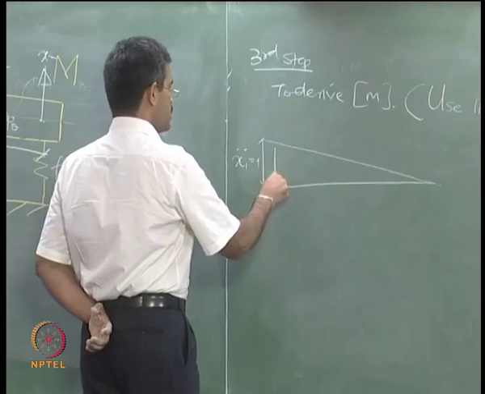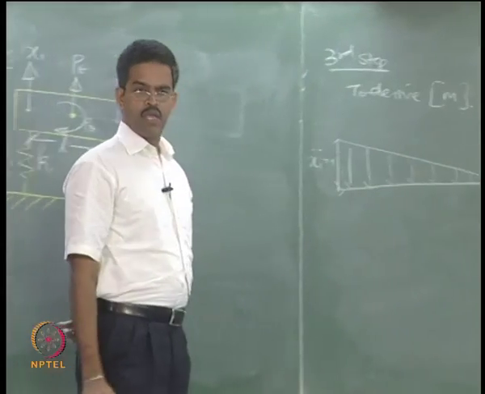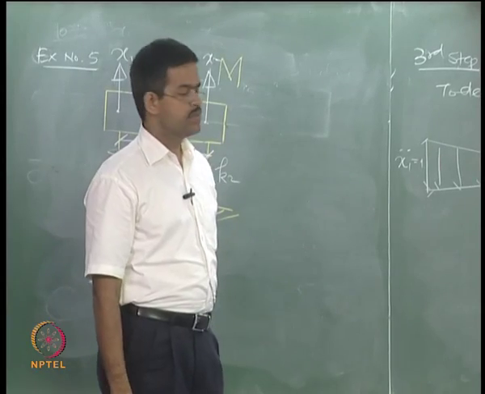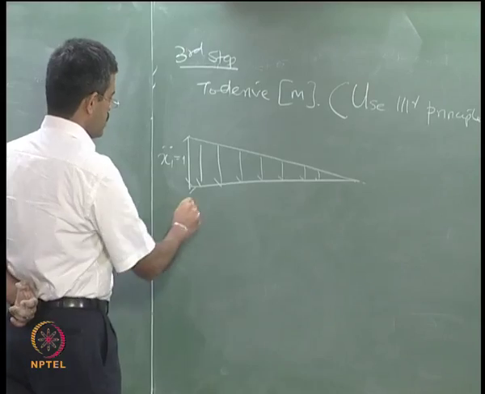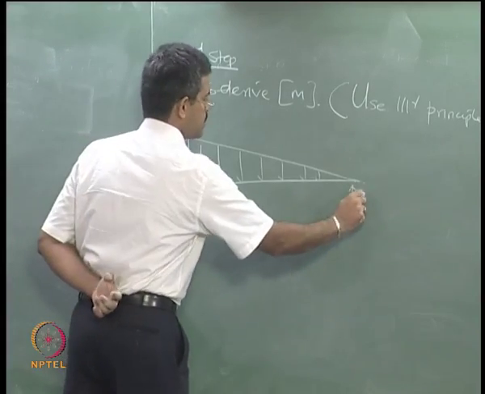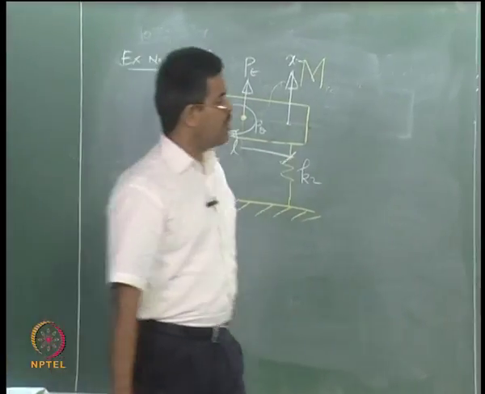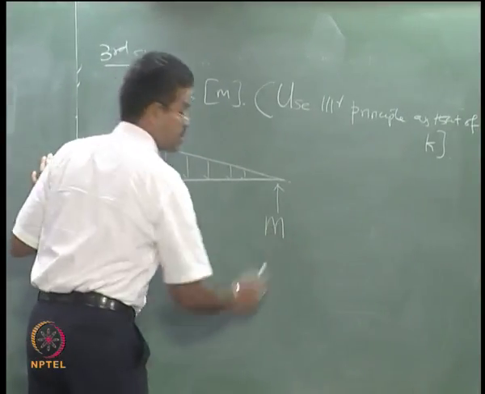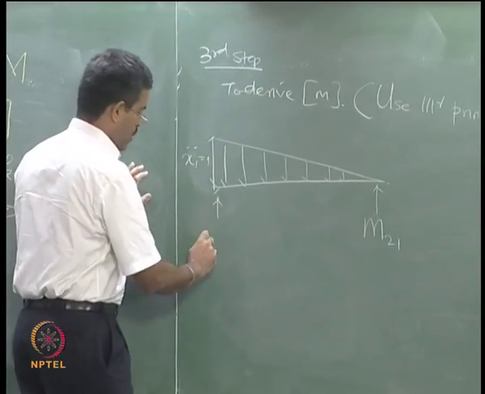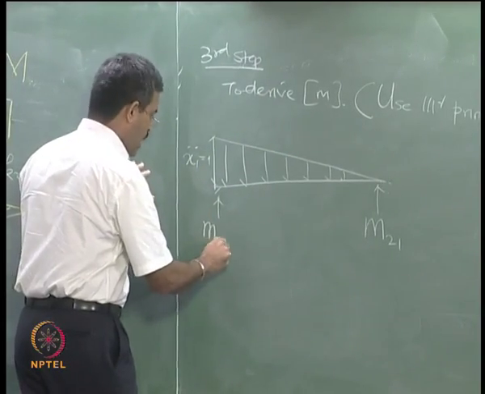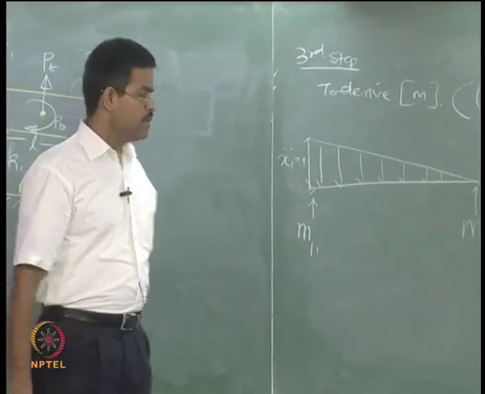When you do that, you will create mass into acceleration, and this will be opposed by 2 reactions. I will call this mass value 2 because applied at 1. I call this mass value 1 applied at 1. Same concept I am using for stiffness.